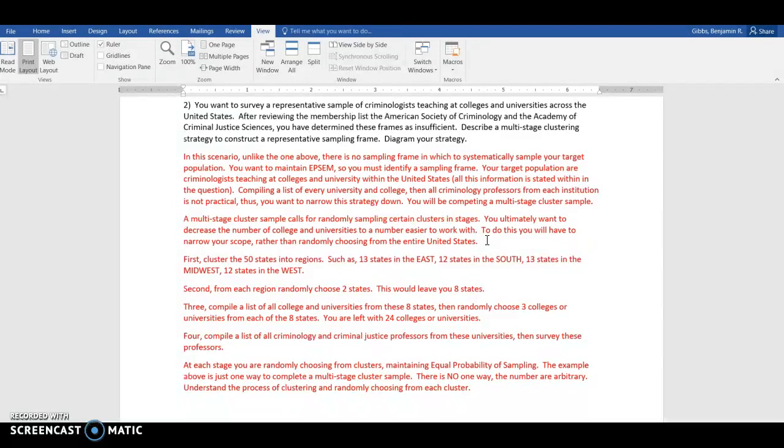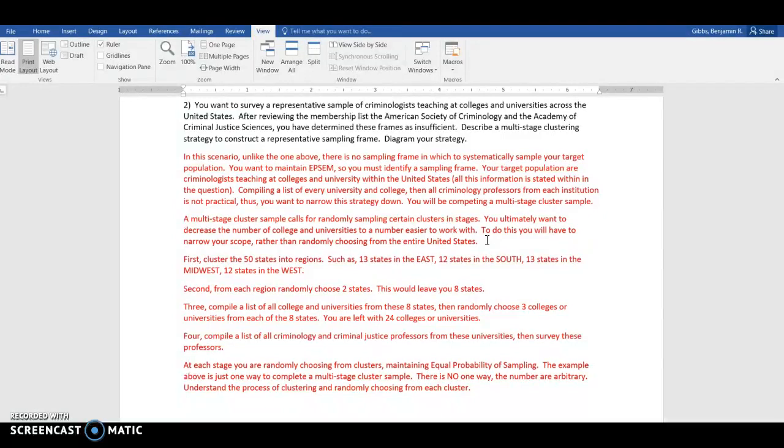So we're operating with a total population across the United States. One way to do this through multi-stage cluster sampling would be to divide, to place each state into 4 regions: the South, West, Midwest, and Northeast.